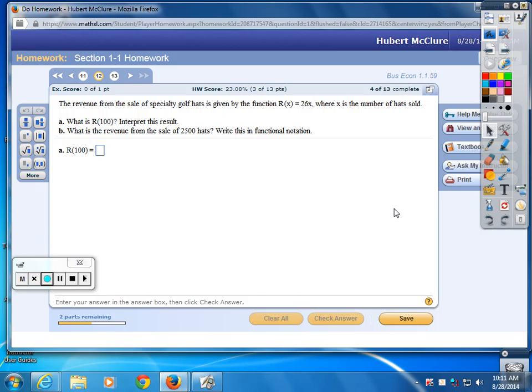It says the revenue from the sale of specialty golf hats is given by the function R of x, or f of x, or whatever, is equal to 26x, where x is the number of hats sold. X is the number of hats sold. And it says, what is R of 100 and what is the revenue from the sale of 2,500 hats?